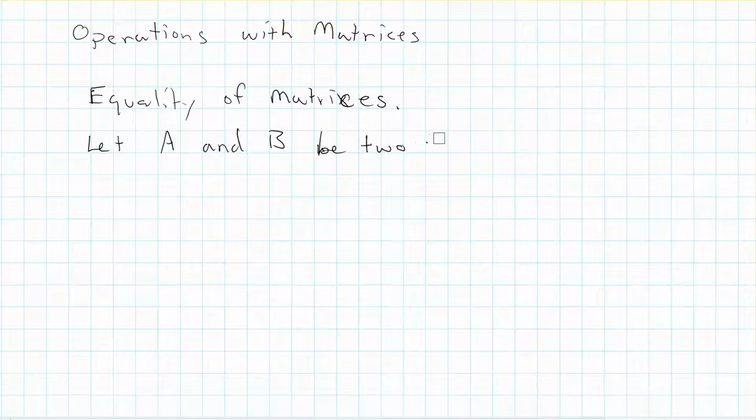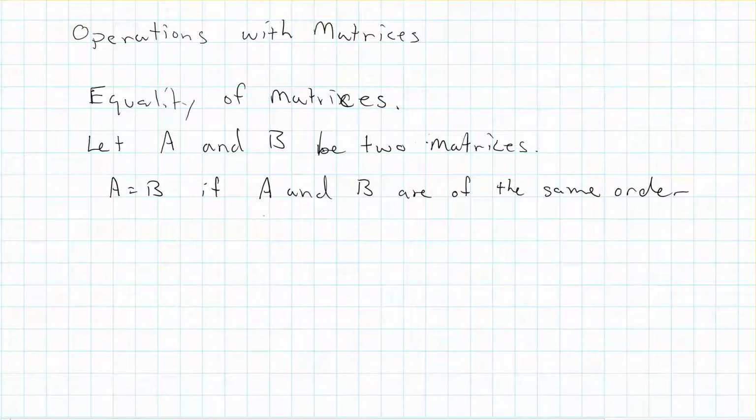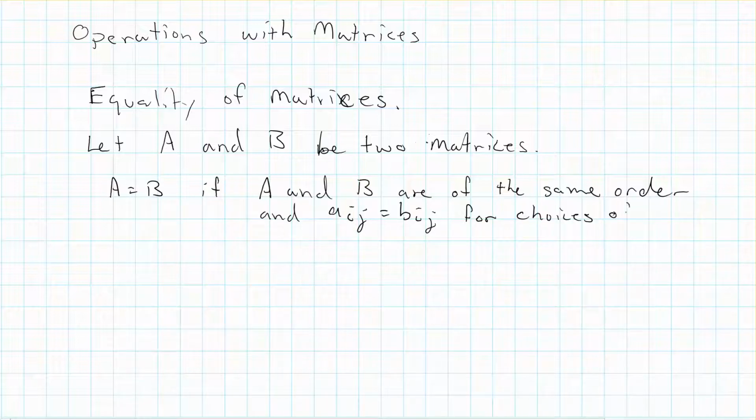A equals B if A and B are of the same order and Aij equals Bij for all choices of i and j, which literally means they are just going to look the same.